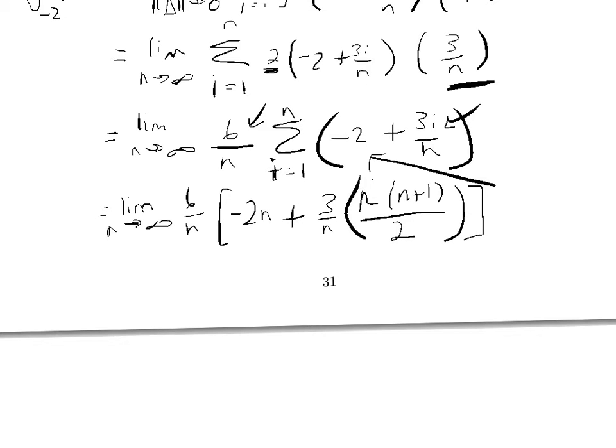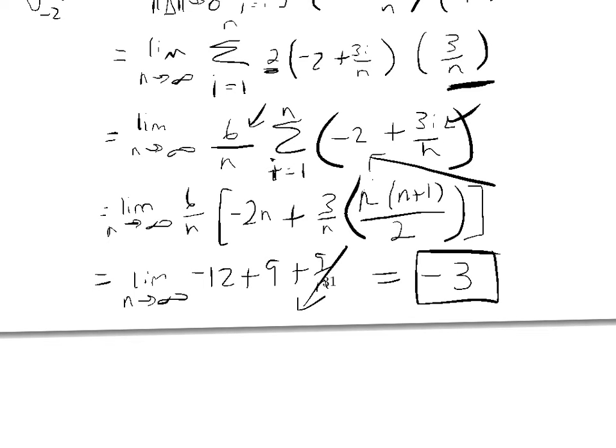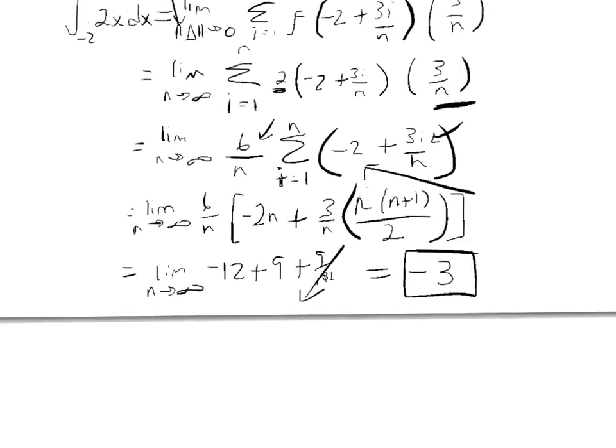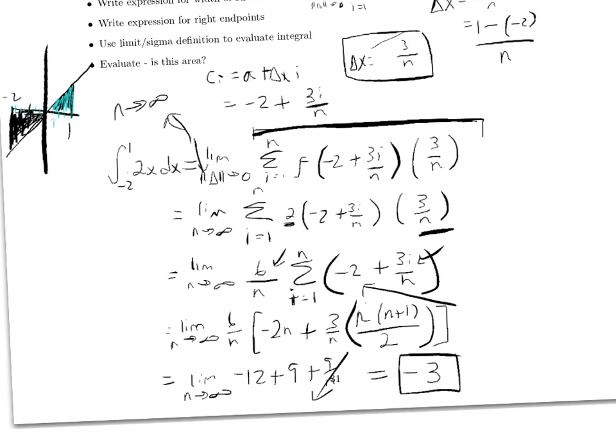And simplifying that all down, we get the limit as n approaches infinity of negative 12 plus 9 over n. This term goes to 0 when we take the limit, and we're left with negative 3. Our answer is a number. So look back at what we started with notation-wise.